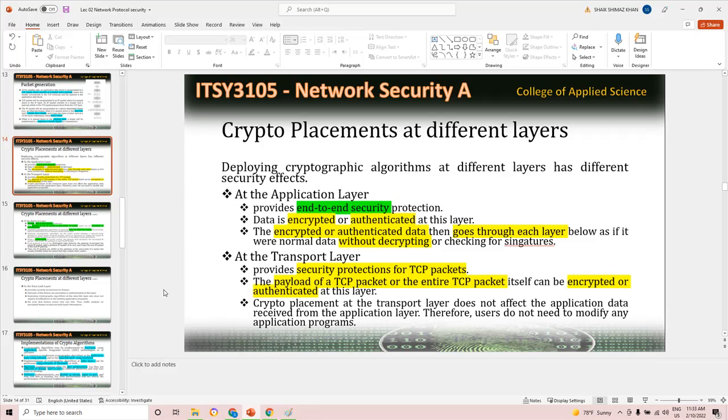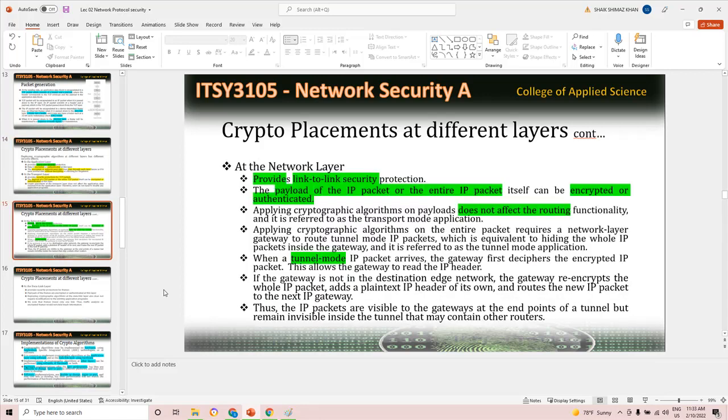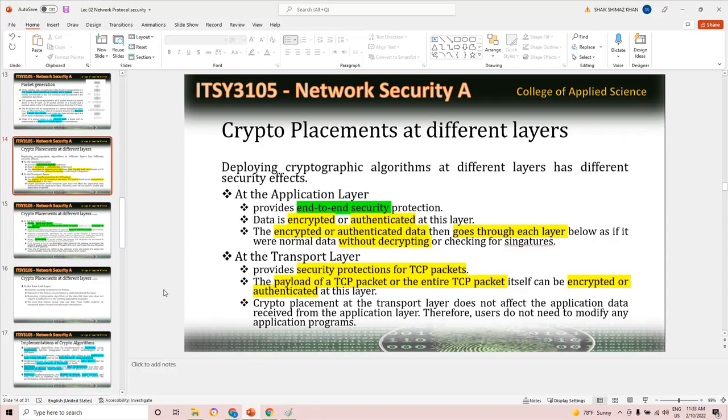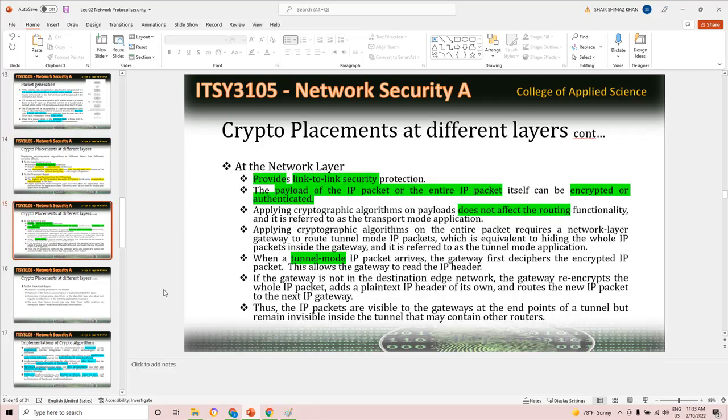If the crypto security is provided at the transport layer, the TCP packet or segment is encrypted or authenticated. I mean the payload of the TCP packet is encrypted or authenticated.